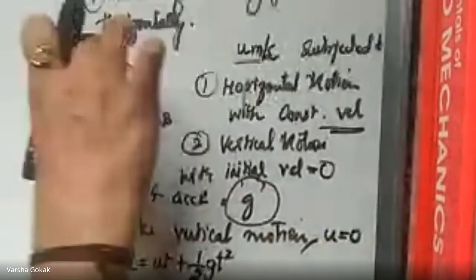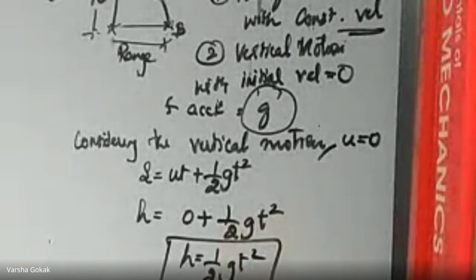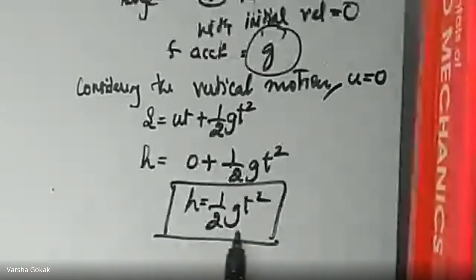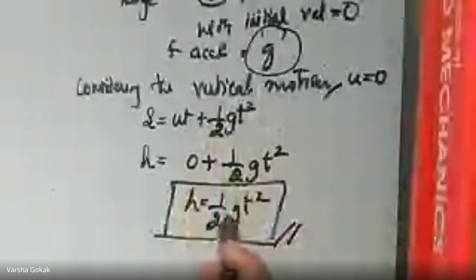Now, accordingly, when I'm talking of vertical motion, my distance traveled is this h. So I will substitute this as h. H equal to u is 0, ut goes, plus half gt square. Or h is going to be equal to half gt square. So the total height would be equal to half gt square. This I'm getting from where? From vertical motion. Okay.